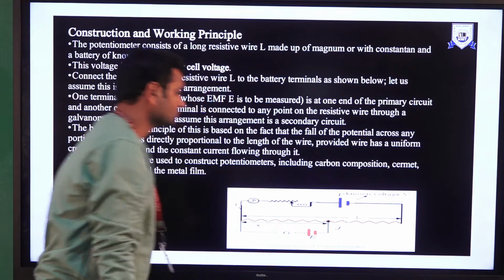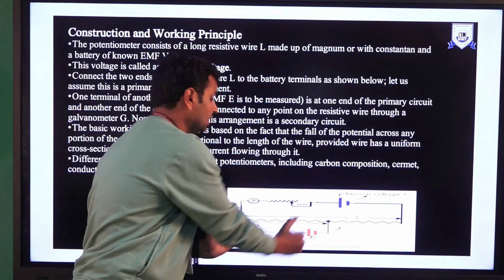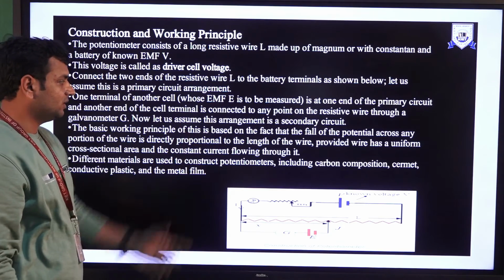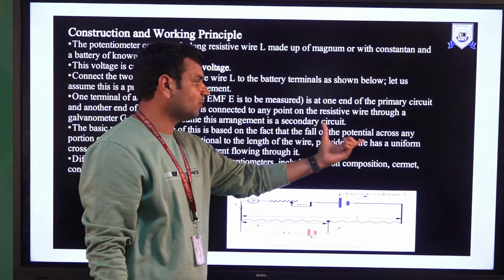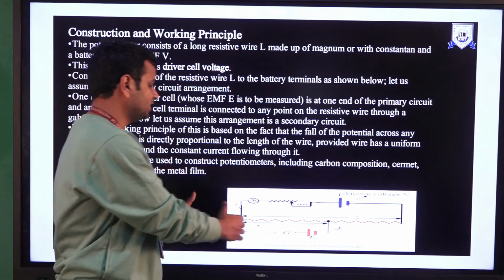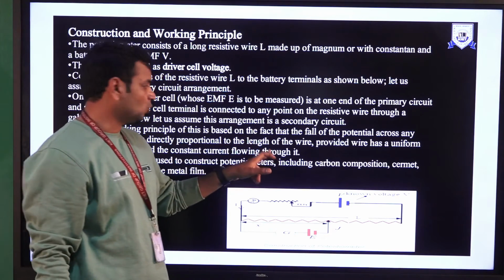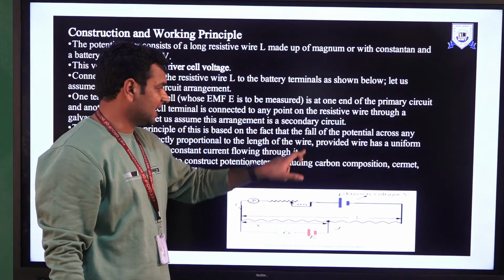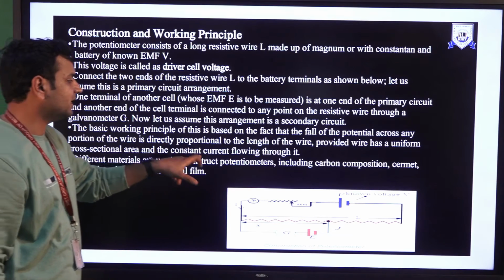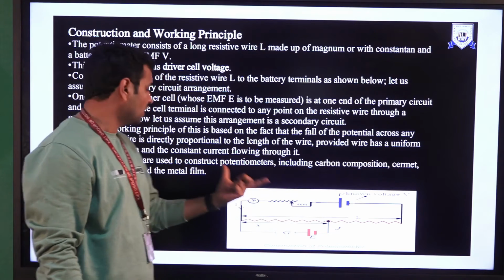That will be our sliding contact, that will be our fixed end, and this will be the measured output voltage E. The basic working principle is based on the fact that the fall of potential across any portion of the wire is directly proportional to the length of that portion of the wire, L, provided the wire has a uniform cross sectional area and a constant current flowing through it. So that is the construction and working of the potentiometer.